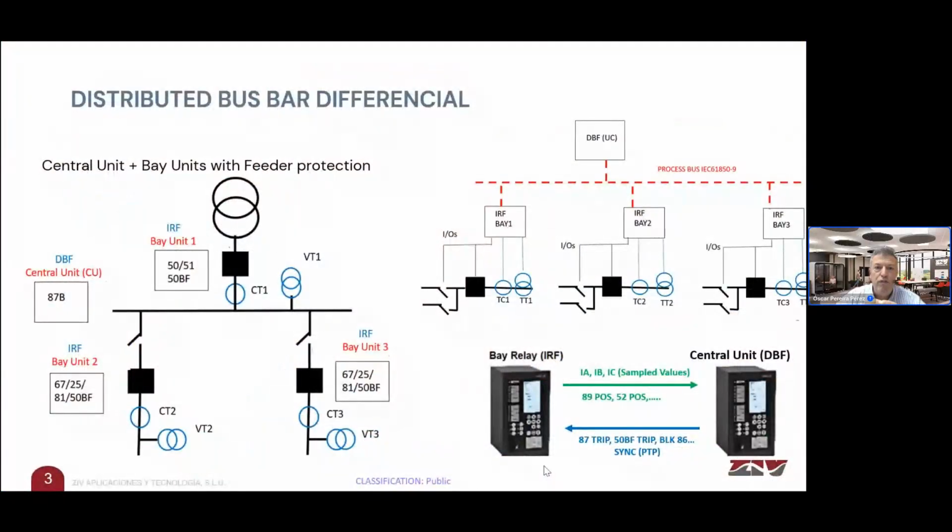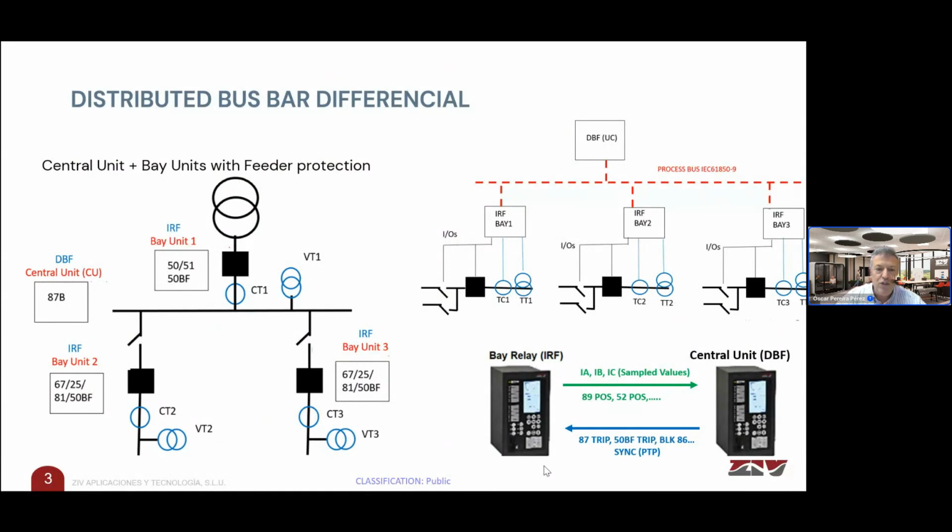By the way, in the picture, you can see the arrangement that we have in our laboratory, in our factory. But the first thing to mention here is that our Busbar differential protection follows a distributed architecture, meaning that we are using a central unit and bay units for each of the circuits or bays going into or going out of the busbars.